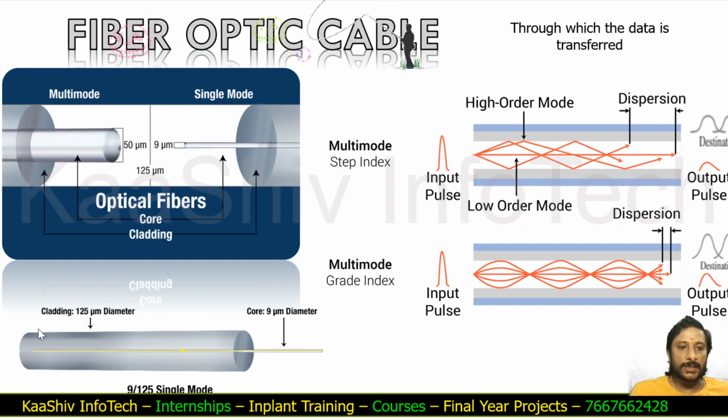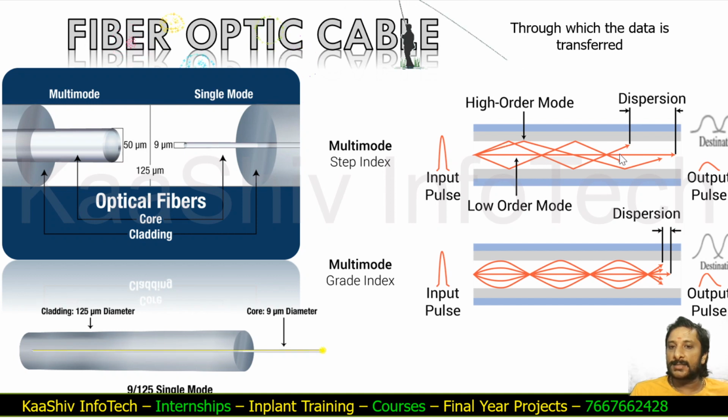Over here in the single mode, you will have a single line to communicate. Your core layer will be of size 9 micrometer, and the cladding layer of size 50 micrometer. That much small size. This is your single mode. Whereas in the multi mode, multiple signals will be transferring like this.